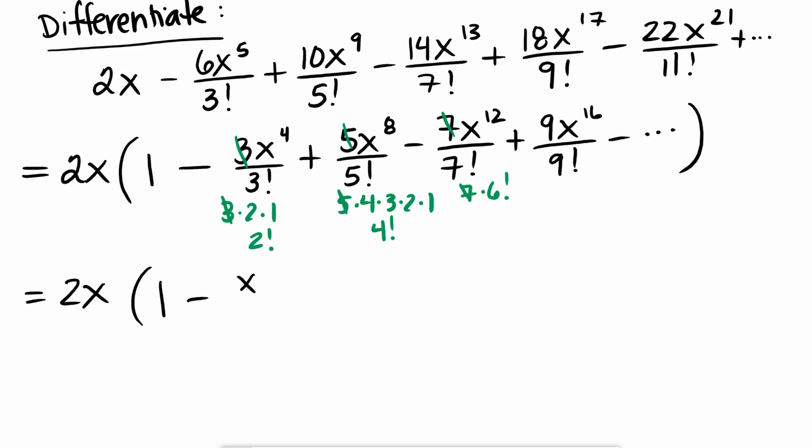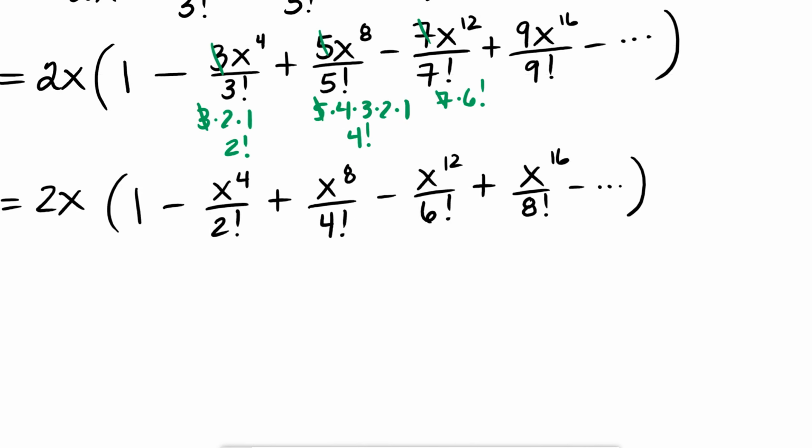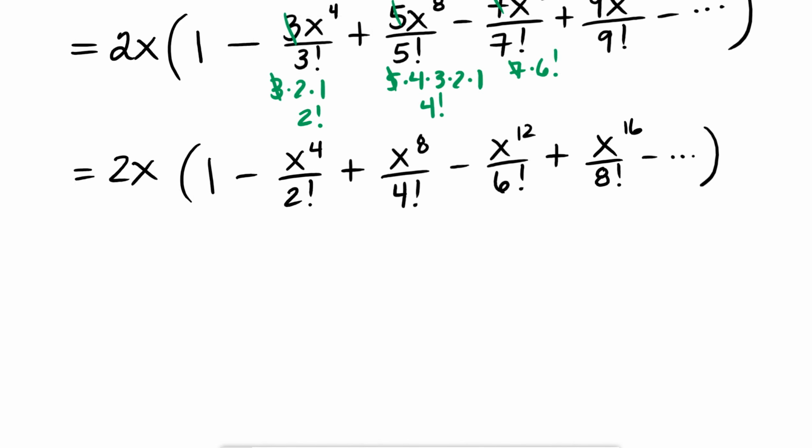So what am I left with? I'm left with 1 minus x to the 4th over 2 factorial, plus x to the 8th over 4 factorial, minus x to the 12th over 6 factorial, plus x to the 16th over 8 factorial. If it's just the cosine of x, then my exponent should match the denominator.